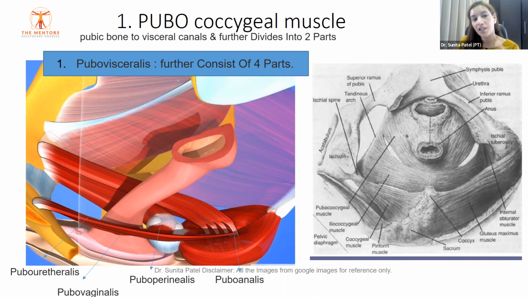We can subdivide this muscle into two parts as per the anorectal and urogenital triangles. The urogenital triangle we discussed earlier in the superficial layer. In the same way, you can also divide this area into two triangles. That was the superficial one.